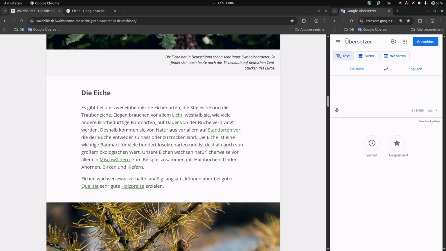So oaks need light above all, which is why they, like many other light-needing tree species, are being urged out by the beech as time goes by.